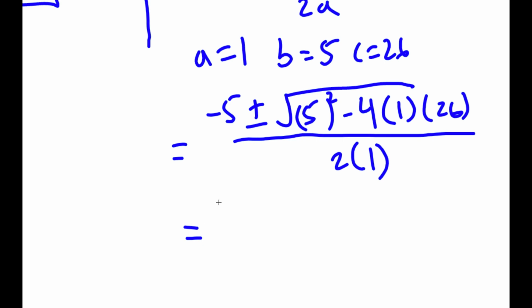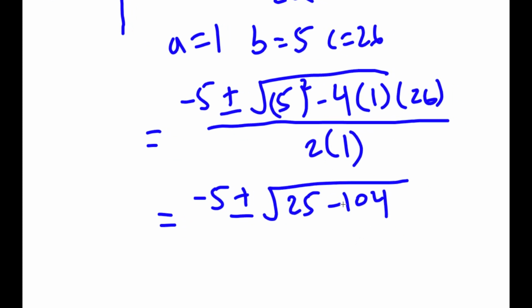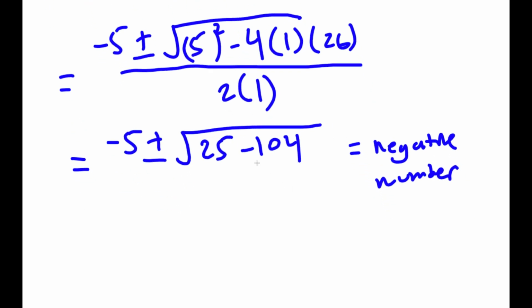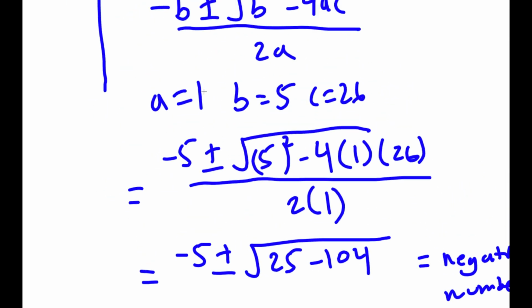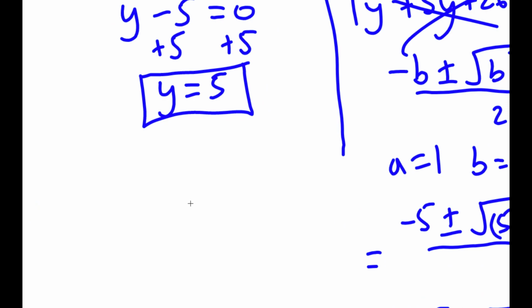So if I simplify this, I get negative 5 plus or minus the square root of 25 minus 104, so 25 minus 104 is going to be a negative number. And you can't take the square root of a negative number, meaning this has no solutions. So our only solution here is y equals 5.